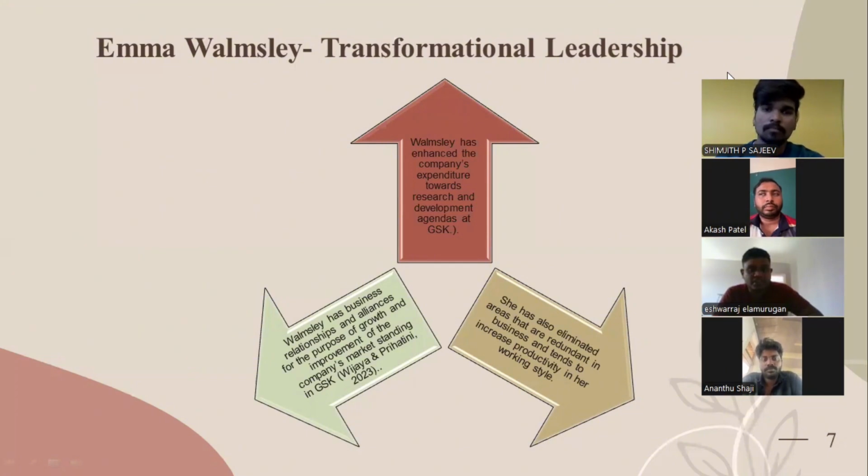She also builds business relationships and alliances for the purpose of growth and the importance of the company and its market standing at GSK. An example is Vijaya and Brihantini, 2023. She is very talented and her work style is very different.